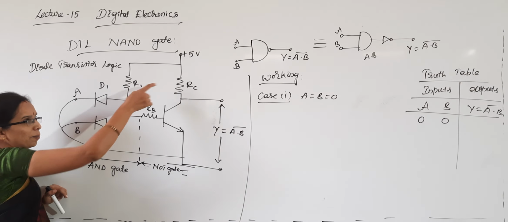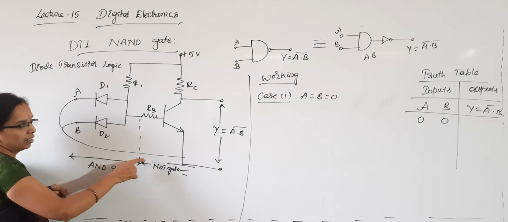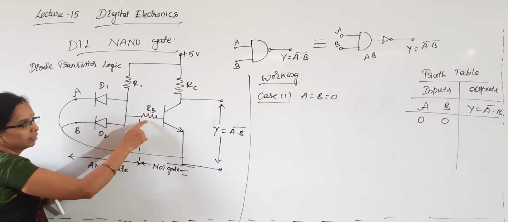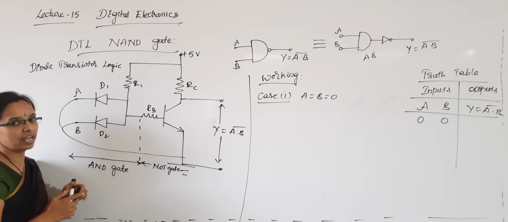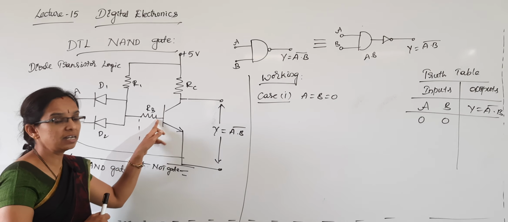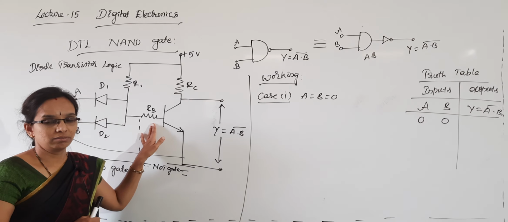The current will take the path R1, D1, D2 and to ground. So, no current enters the base of the transistor. So, the transistor is said to be in cut off mode.